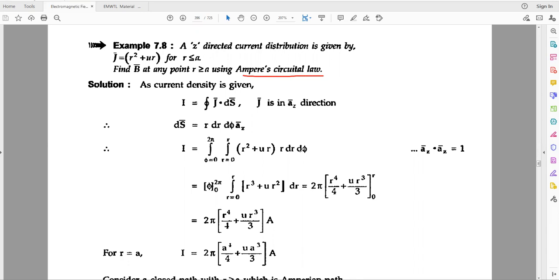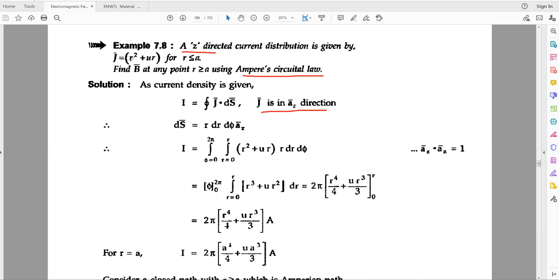First of all, you can find the current I bar, which is the integral of J bar dot ds bar. The current is directed in the Z direction, so J bar is in the a_z bar direction.